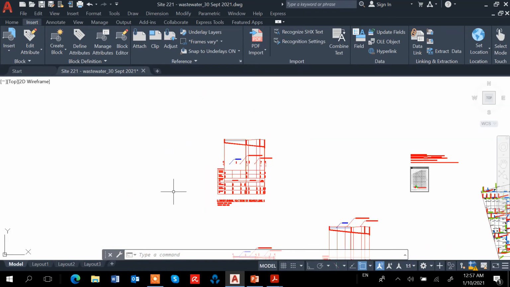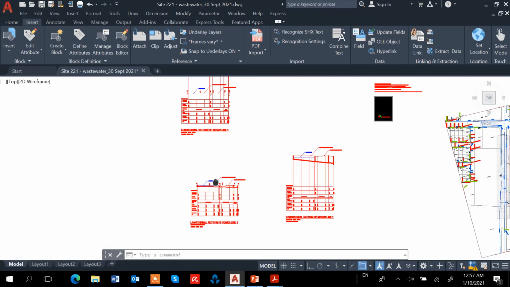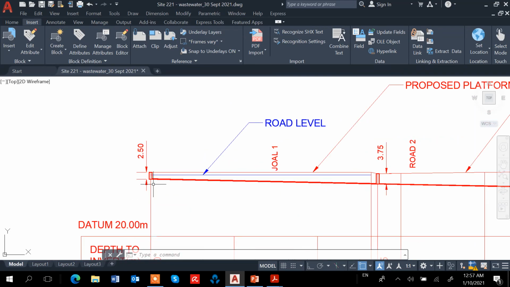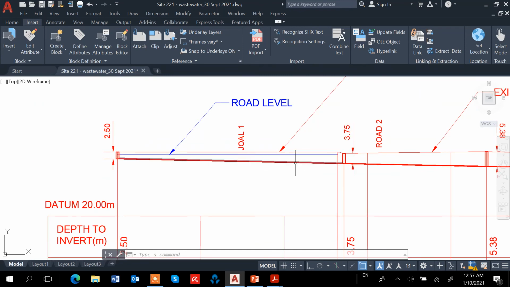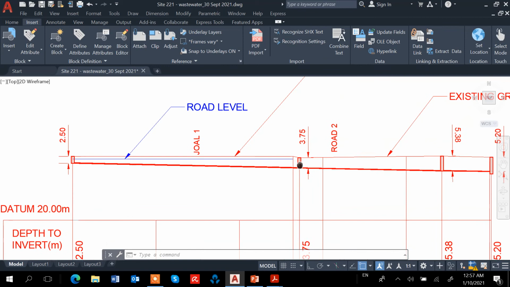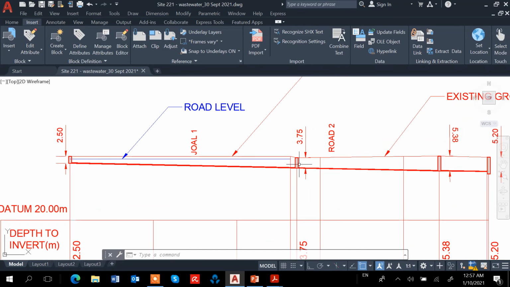Before that actually I need to tell you that this one I need to draw the various manholes.